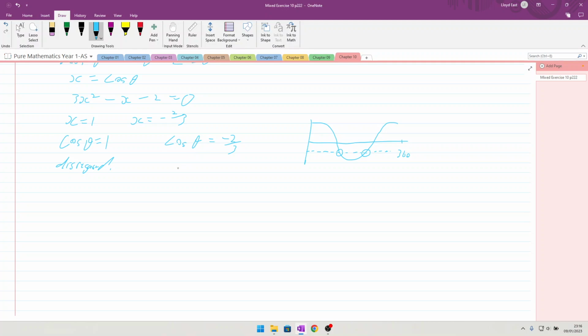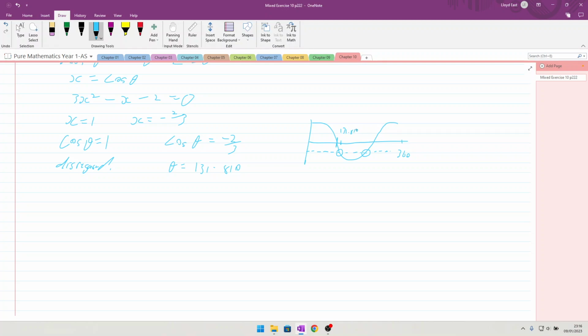Okay, so with that in mind, we can do the inverse cos on that one to find out that theta is equal to inverse cos of minus 2 divided by 3, 131.810. Okay, so that's just there, 131.810.